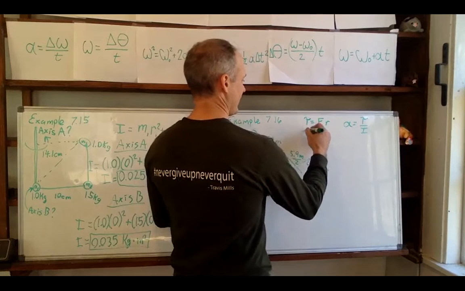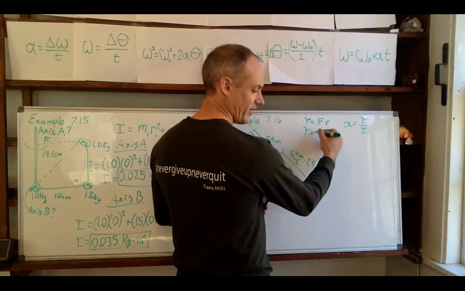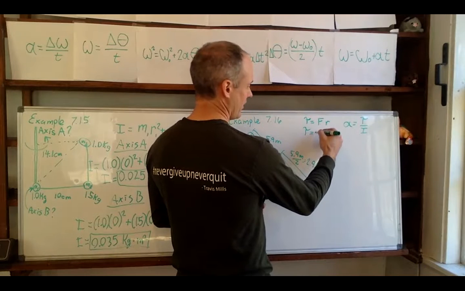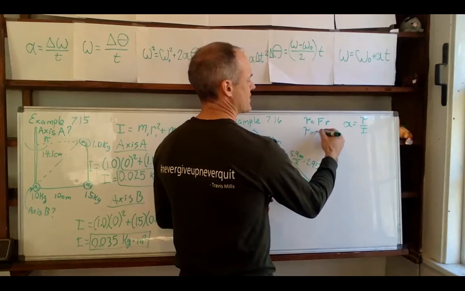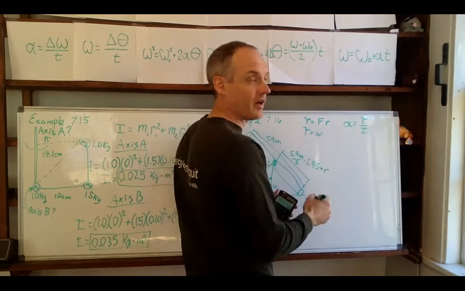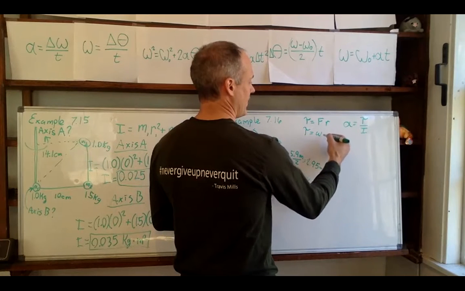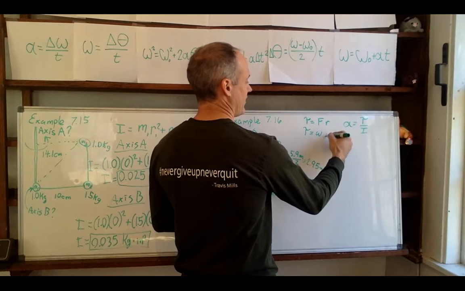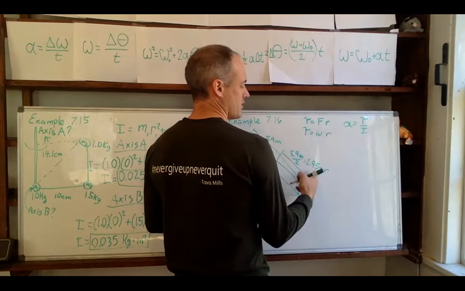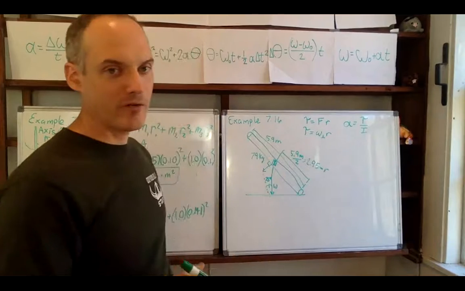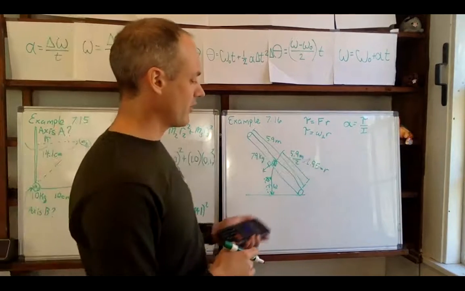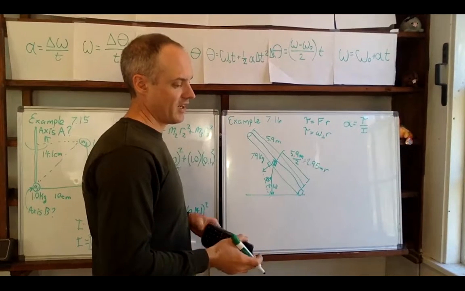But the torque that is applied by this is equal to your force, which in this case would be the weight, multiplied by r, which we know is 2.95. Now it's the perpendicular weight force, so I put a little perpendicular mark there to indicate that.